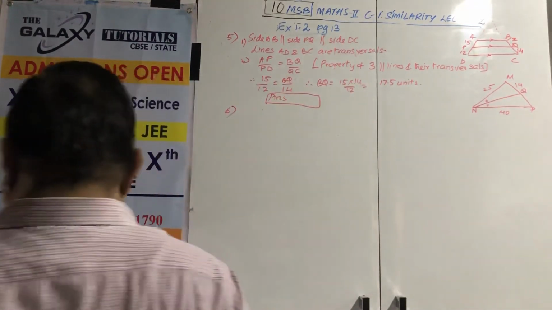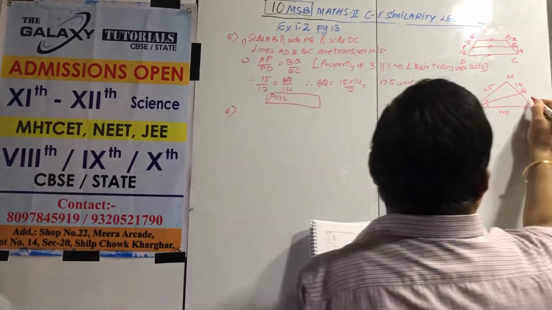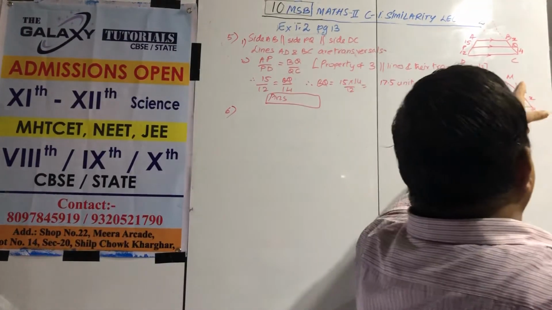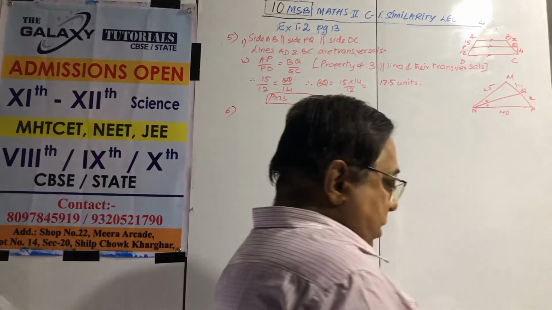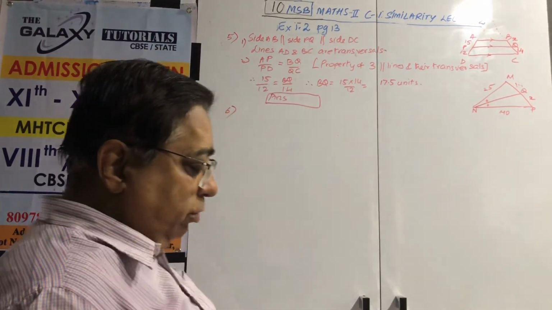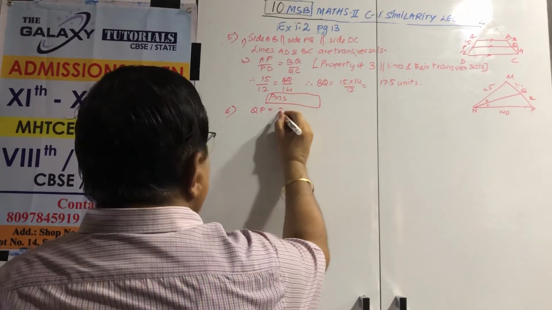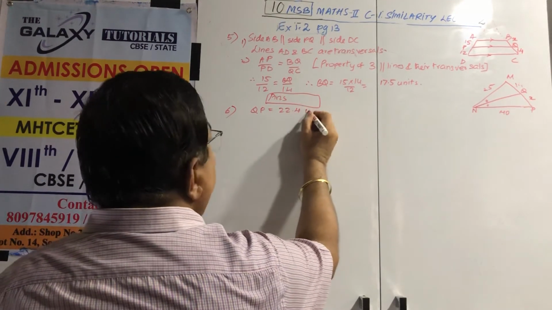Find QP. Now, my friends, angle bisector theorem, you know, 1 upon 2 is equal to 3 upon 4, and you will be able to solve it yourself. I should get QP is equal to 22.4 units.